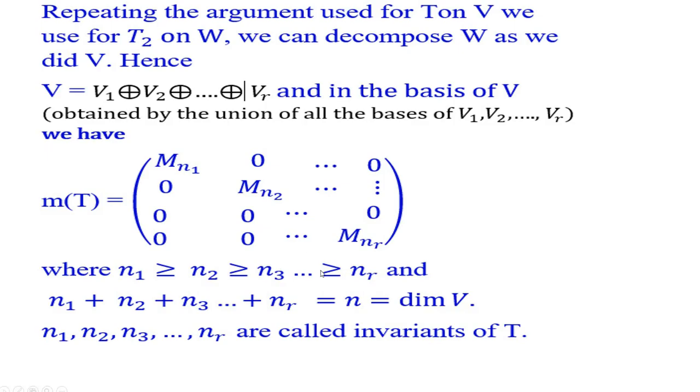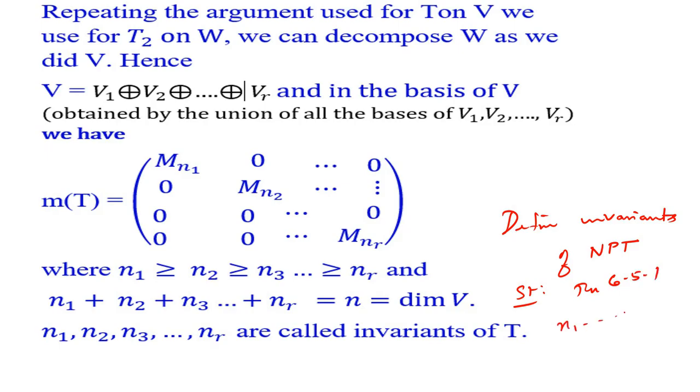N1 up to NR, where N1 is greater than or equal to N2, we keep reducing, because these are dimensions of other subspaces, and not only that, the dimensions together should give us the dimension of V. These are called the invariants of T. If you are asked to define invariants of a nilpotent transformation, which is the definition asked in section A, then you have to state theorem 6.5.1.